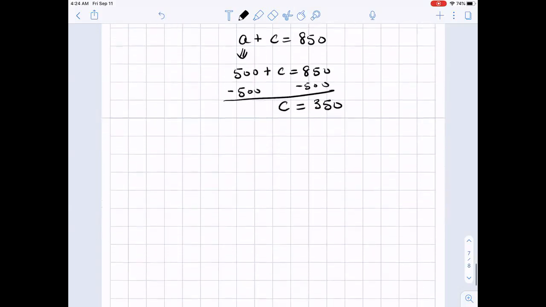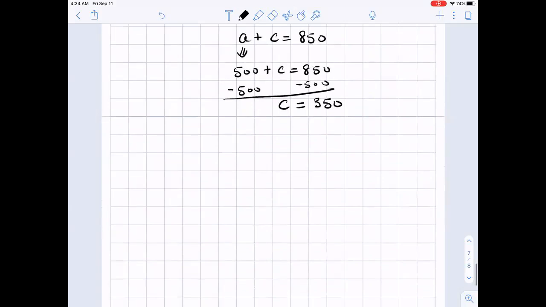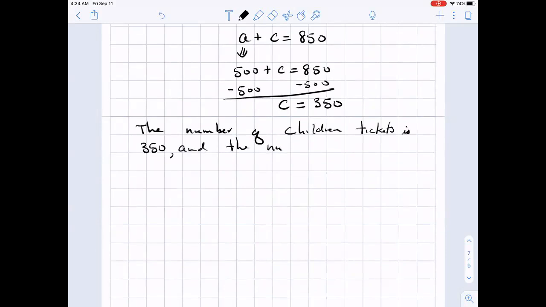So what does this tell us now? If we translate to the answer, the number of children tickets is 350 and the number of adult tickets is 500.